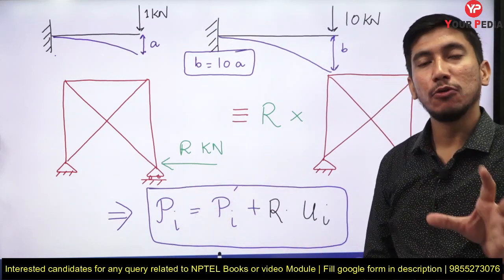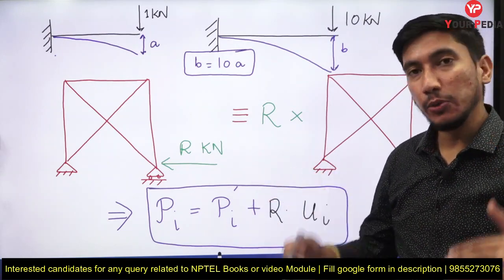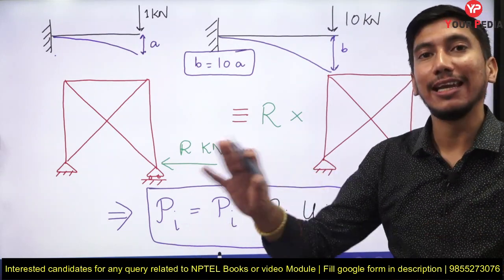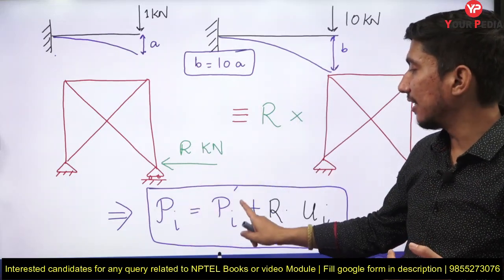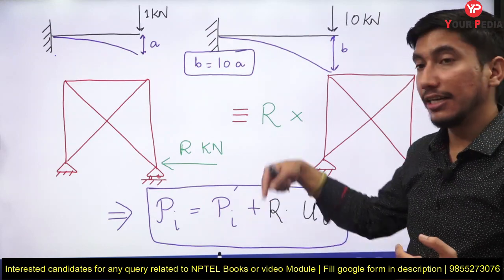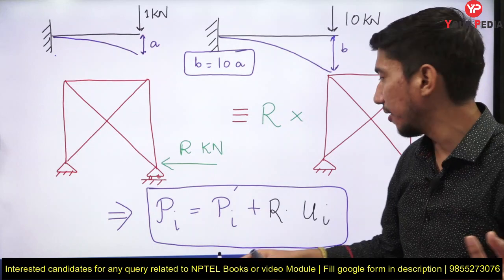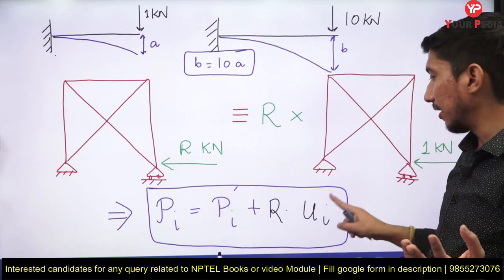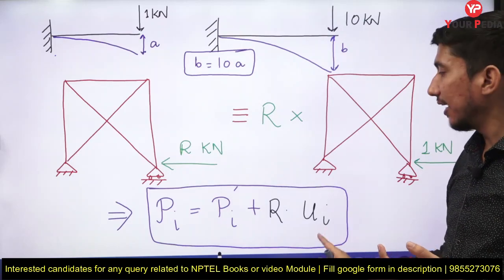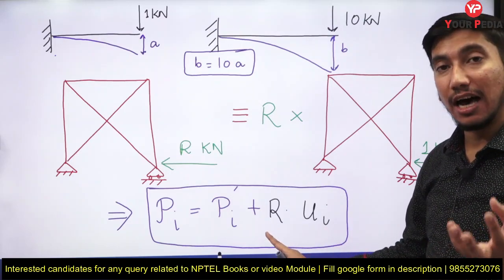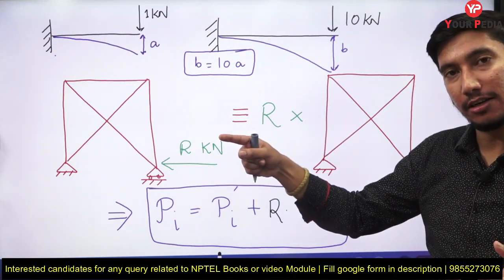Now we can find the force in any member. So why are we doing all this? We are doing this so that we can find the forces in any member. We have to find the force in member AC, na. So we have to find this force in member AC under the P dash system of loading when only external force is acting and the truss is statically determinate, and then we find the force in member AC when only unit load is acting and external force is not acting, and we can also find the value of R through that process which I already explained through strain energy differentiation.